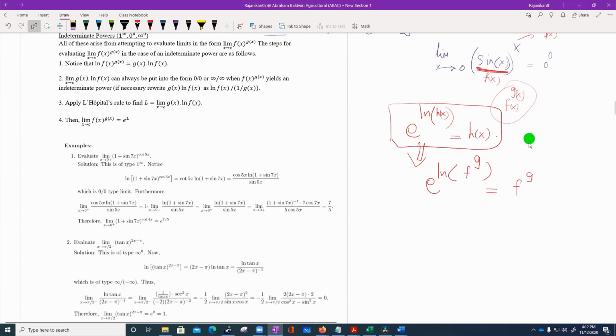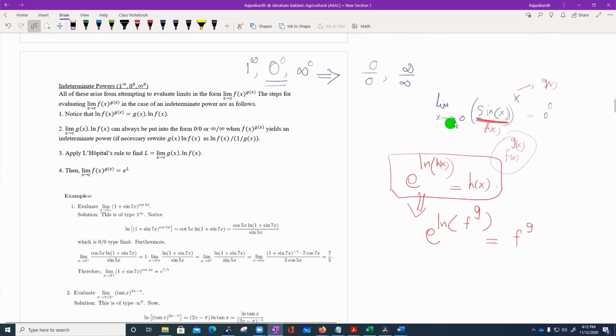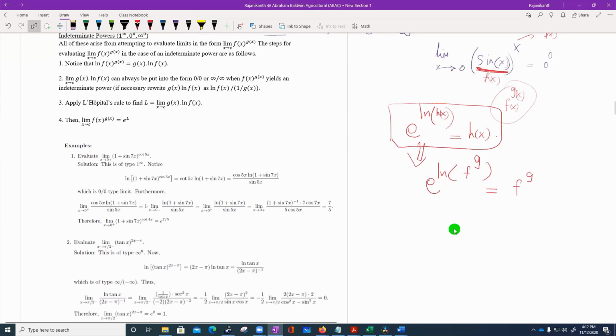So now your task is to find the limit as x goes to 0 of that. So I am only considering this function. Okay? So the limit as x goes to 0 of sine x to the power x is always equal to, right, the limit as x goes to 0.